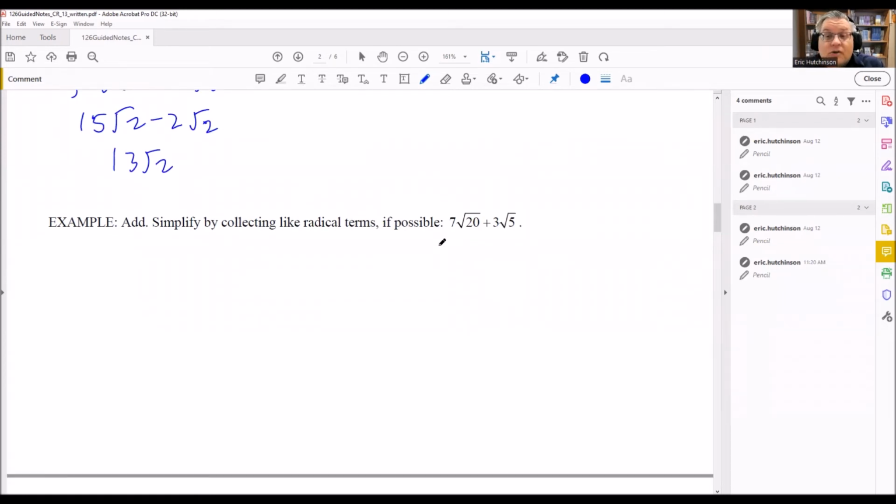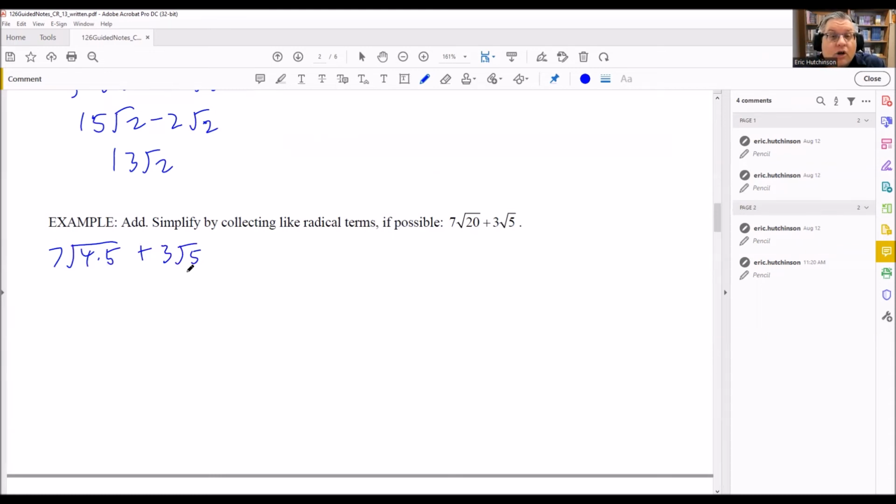So let's do the next one. This one we're going to do a similar way. We want to look at the 20 that's inside. And so we want to think about what numbers multiply to make 20. We have 2 and 10, but we want to use 4 and 5 because 4 is a number that we can take the square root of. So we have 7 times the square root of 4 times 5 inside here. The 3 square root of 5, we'll just put that on the end here.